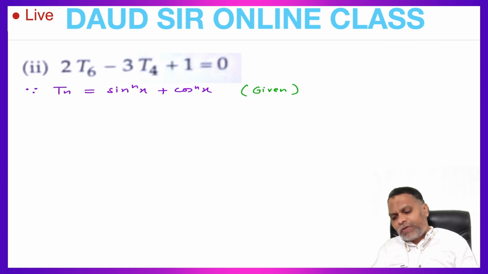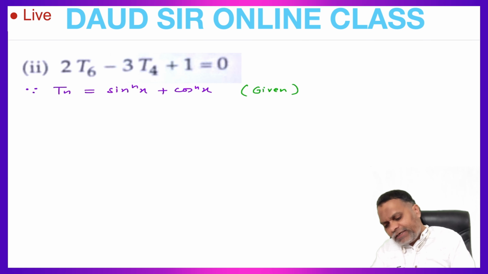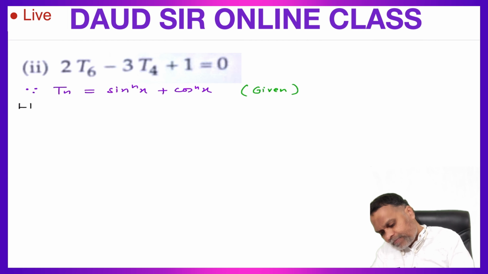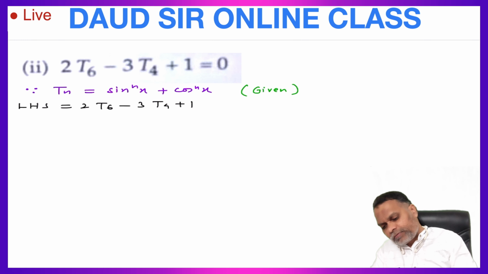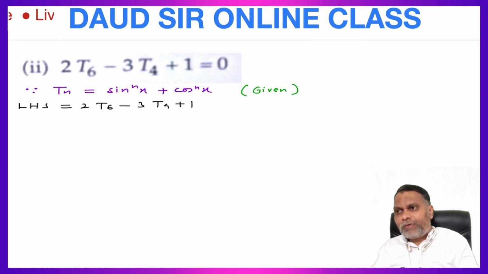So we have to prove this. Taking the left hand side, 2T6 minus 3T4 plus 1, we just have to prove it is equal to 0.